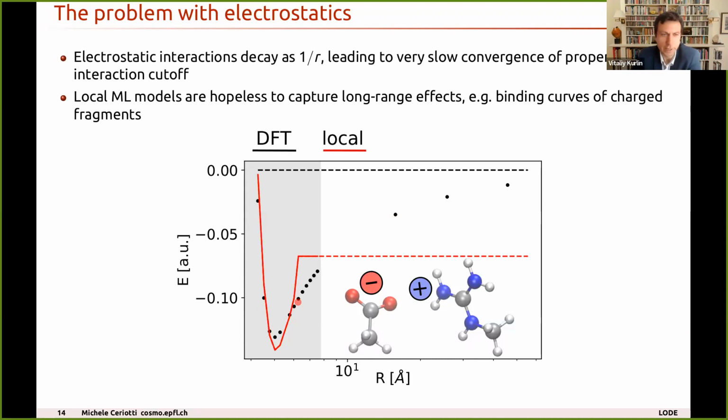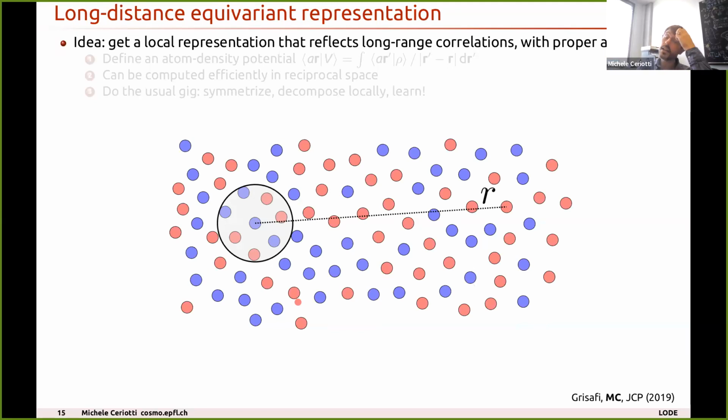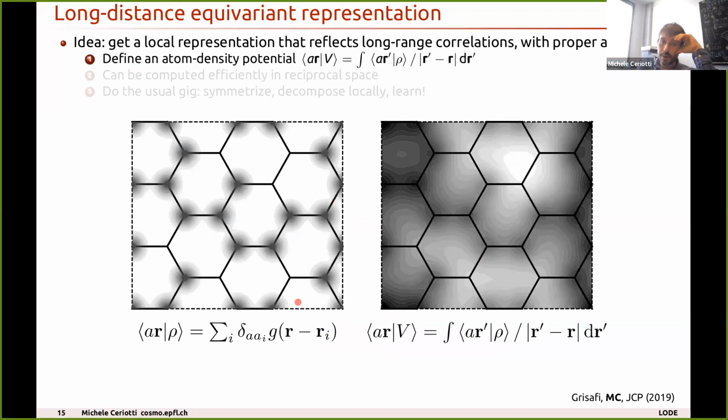Okay, thank you, Michele. So basically, the solution that we are exploring is to exploit the fact that there are solutions for this problem for electrostatics in periodic systems, and these work by solving the electrostatic problem in reciprocal space. So we do the same to define descriptors that have the correct asymptotic behavior. We take the atom density, which is the same object that is behind these local descriptors.